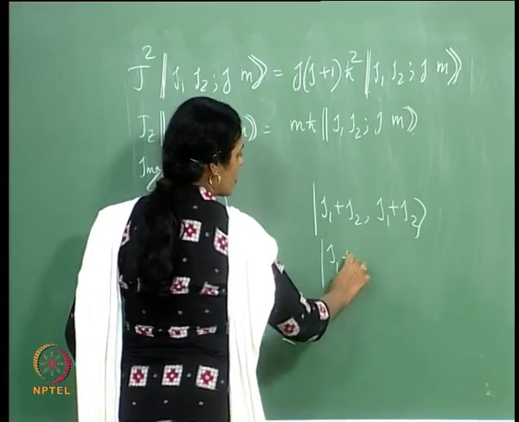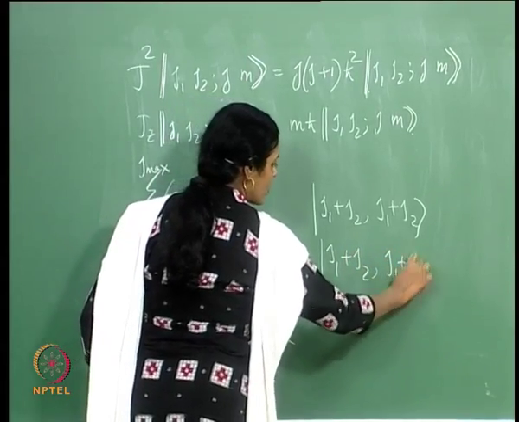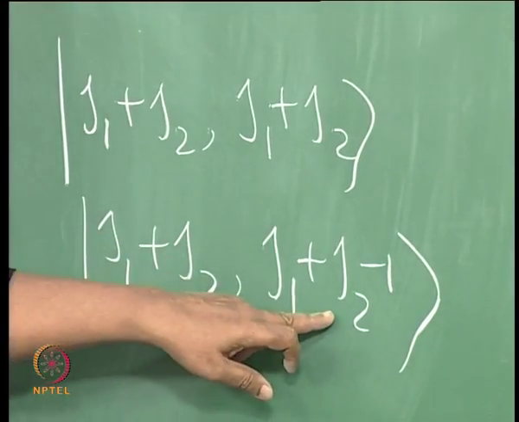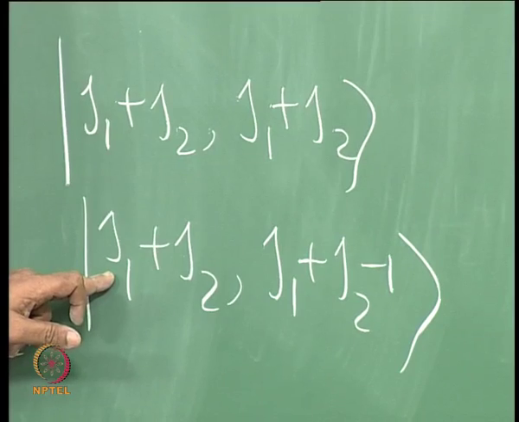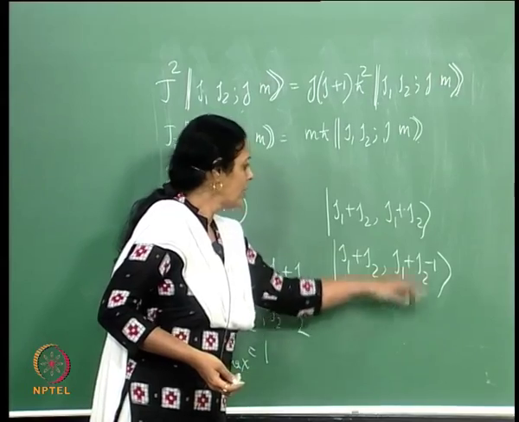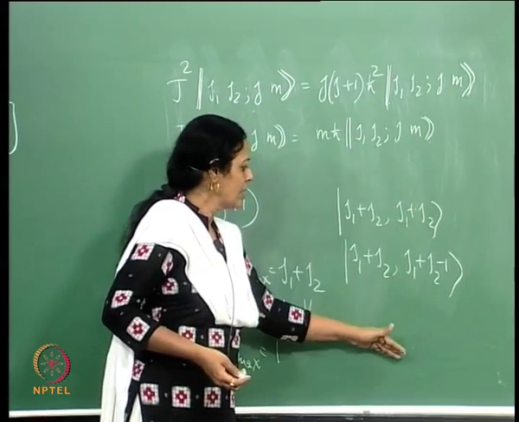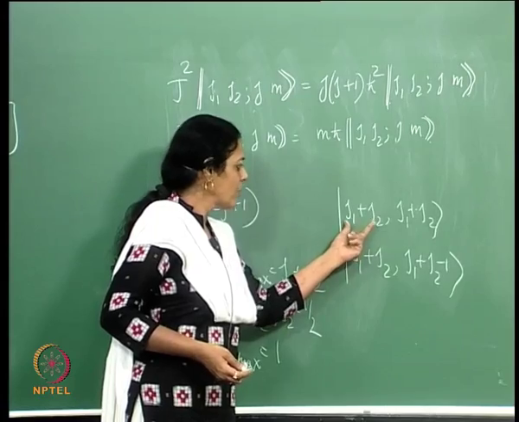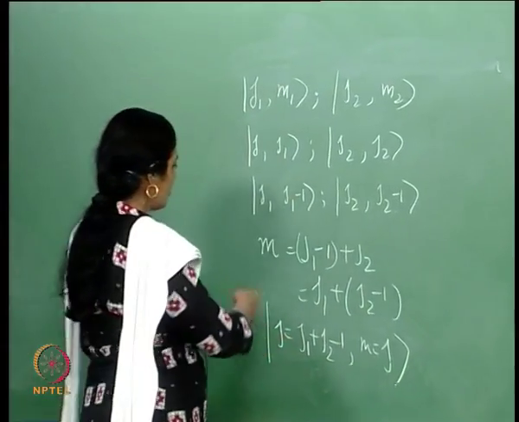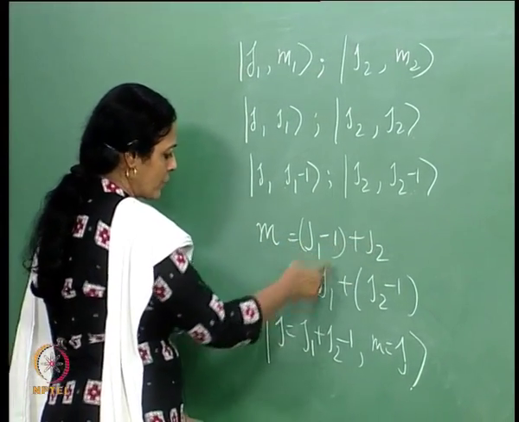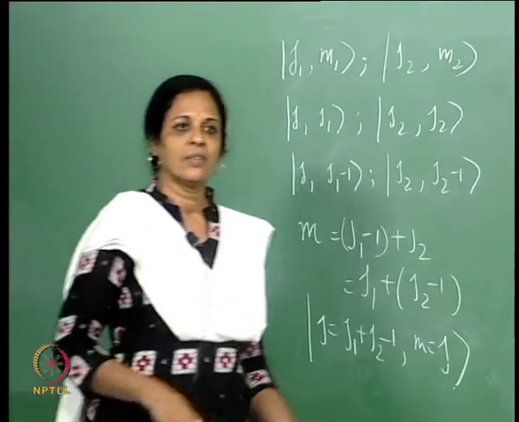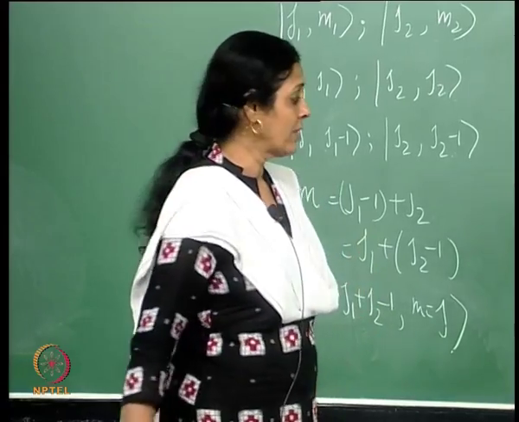The next state would be j1 plus j2 with j1 plus j2 minus 1. So that's one possibility, that I start with j1 plus j2 being the value of j, and m reduces in steps of 1. I have 2j plus 1 states in this multiplet, where j is j1 plus j2. The other possibility for m to be j1 plus j2 minus 1 is through this. So the next value of j is j1 plus j2 minus 1.